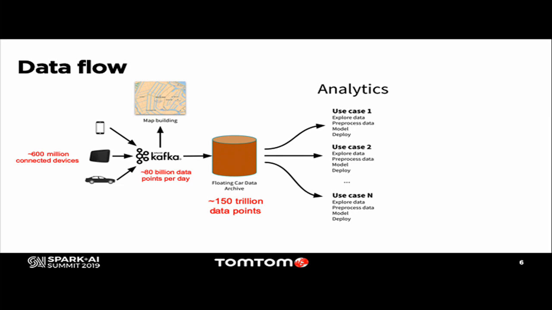What we have seen is that in terms of analytics, many different teams throughout the company were connecting to this data lake, and they were all doing the same steps of an analytics project: explore the data, pre-process it, clean it, remove outliers, etc. Model when there is something to model, and deploy when there is a model to be deployed.